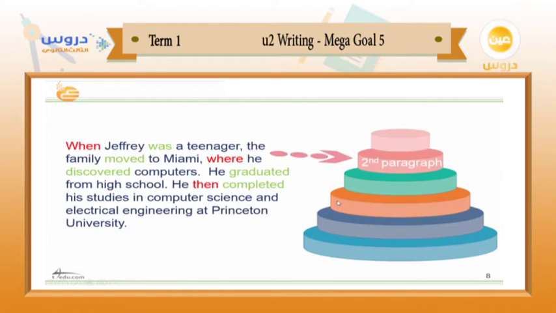And the second paragraph is: when Jeffrey was a teenager, the family moved to Miami, where he discovered computers. He graduated from high school. He then completed his studies in computer science and electrical engineering at Princeton University. So this is the second paragraph, the second stage of his life.